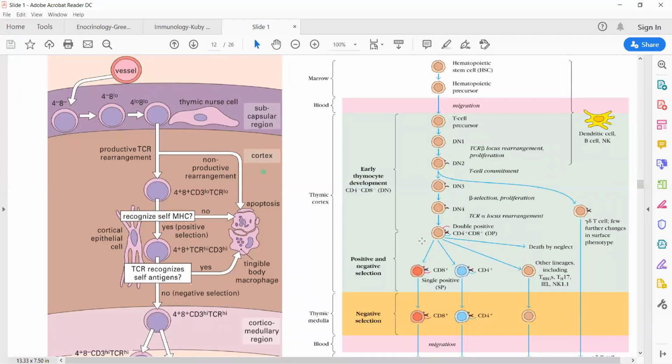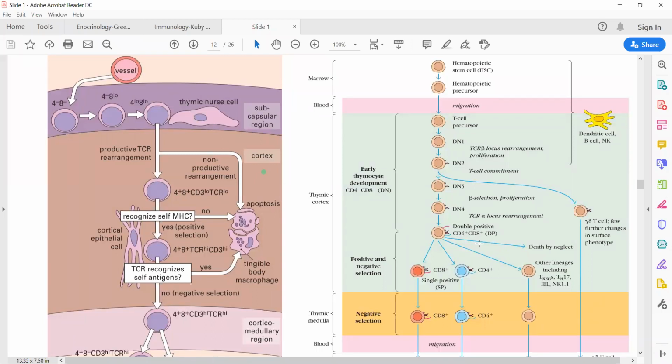The stage 2 thymocytes are double positive. As you can see, they have expressed both the CD4 and the CD8 co-receptors. Interestingly, they have also expressed both the chains of the T cell receptors at low density and are now associated with the CD3 antigen receptor complex.